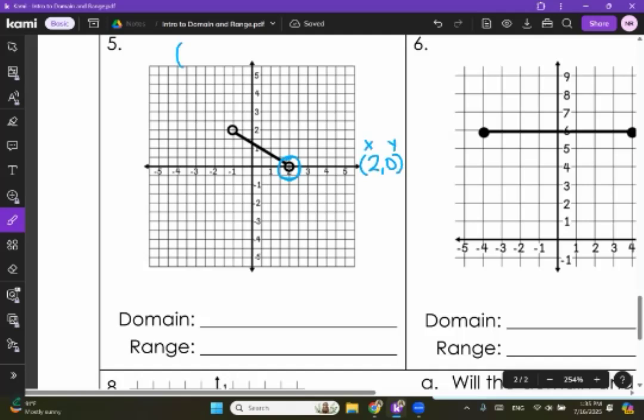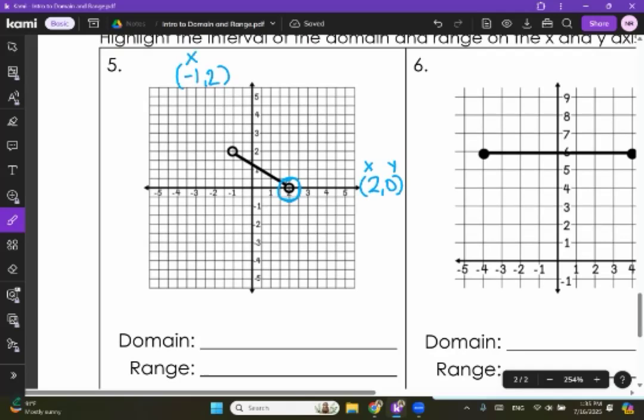And the other point is (-1, 2). x and y. That way, whenever you're writing the domain, a number is less than x, less than another number. You know you have to write those numbers in order from min to max.